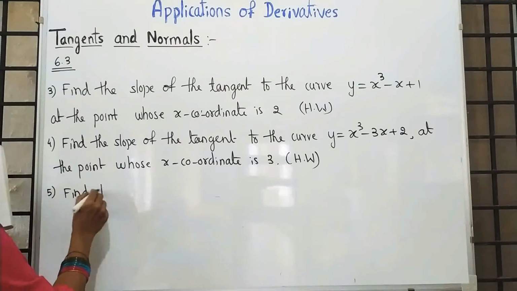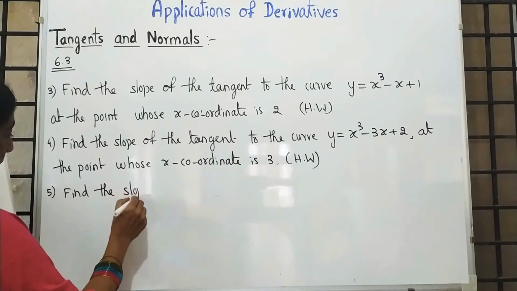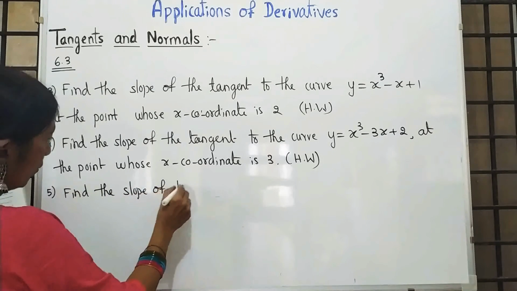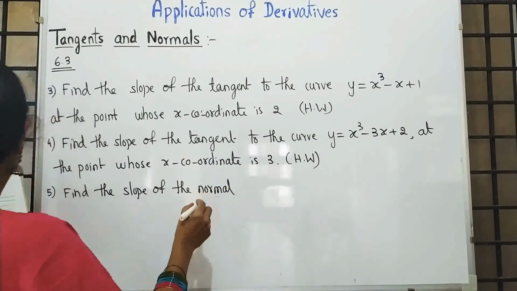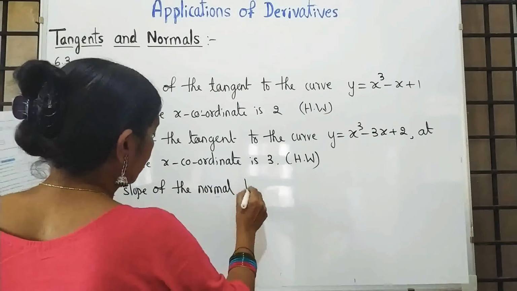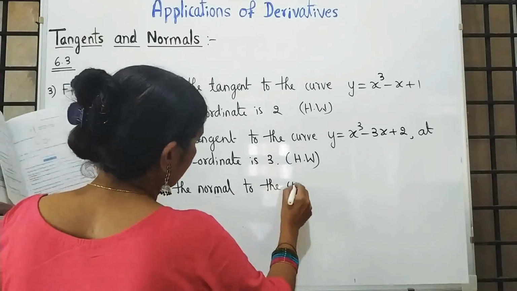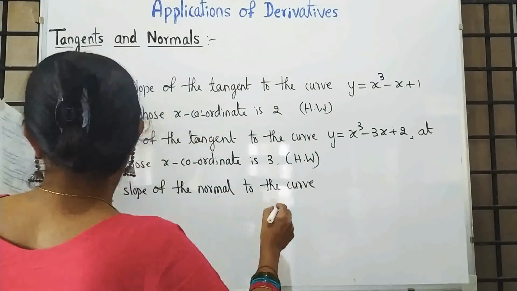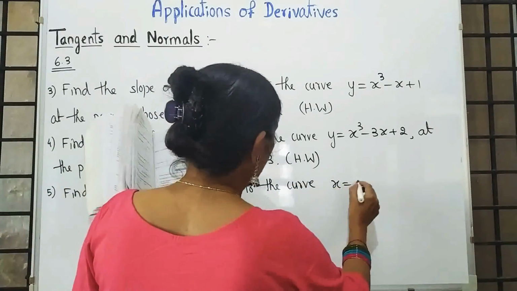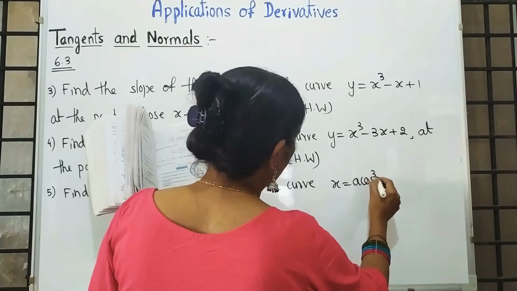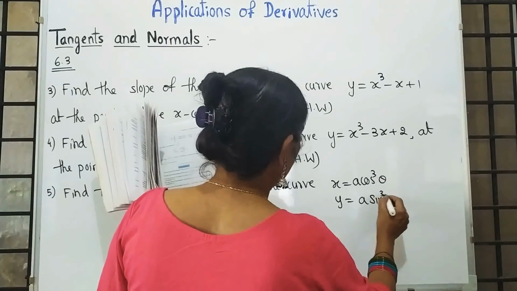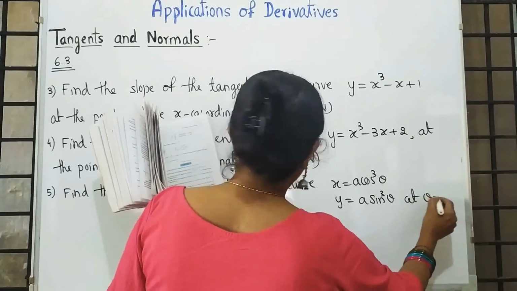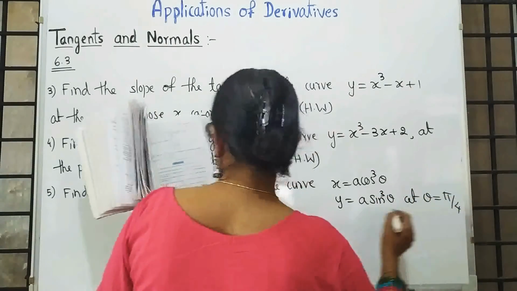Fifth one, find the slope of the normal to the curve x is equal to a cos cube theta, y is equal to a sin cube theta at theta is equal to pi by 4.